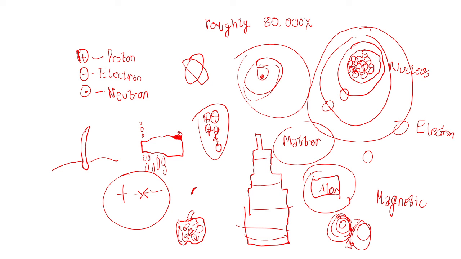Now coming to the second fact: what is the number of atoms in your hand? Think. You might be thinking there are millions and billions. Actually, you are wrong. There are quadrillions of atoms in our hand.